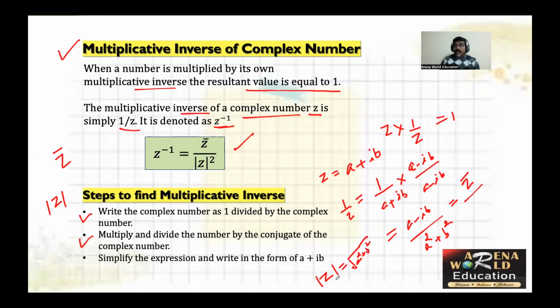And if we square both sides, we will get a square plus b square. So that is the reason why the multiplicative inverse will be equal to conjugate z divided by the square of modulus z, right?